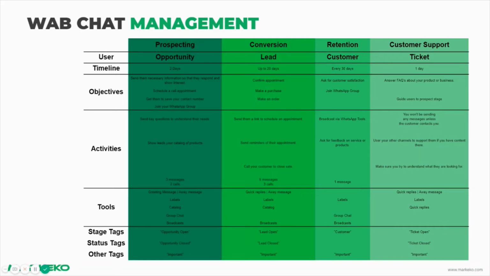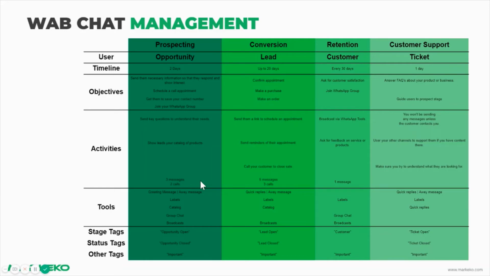It's so much easier to just have a conversation within WhatsApp. But at the end of the day, you want to be able to convert and sell. And so if you want to increase your sales, you have to use calls in combination with messages as well. And so, if you're prospecting, sometimes if the customer doesn't respond, you might want to jump on a call with them to better understand their needs.